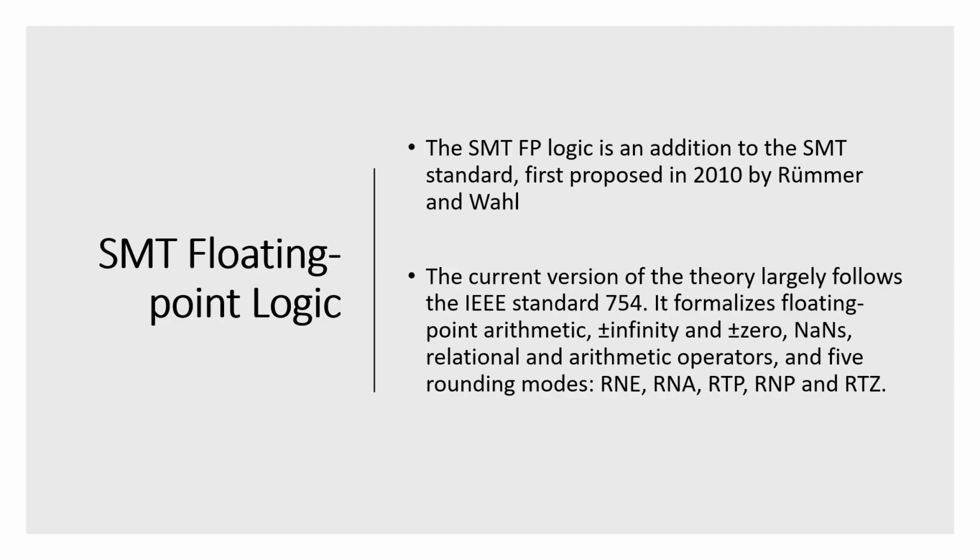The current version of the theory largely follows the IEEE standard 754. It formalizes floating point arithmetic in plus and minus infinity and zeros, NaNs, relational and arithmetic operations, and 5 rounding modes. There exist some functionalities from the IEEE standard that are not yet supported by the FP logic, as described by Martin Brain in a 2015 paper.